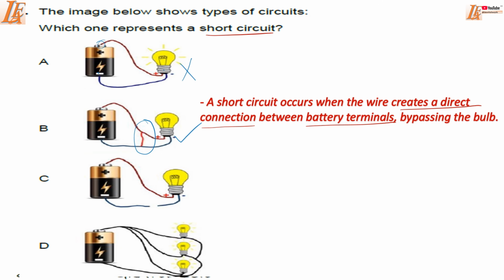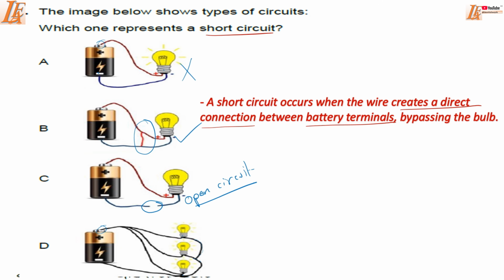Then C, we have a wire from the positive to the bulb, negative to the bulb, but in between here, there's a disconnection. So this one, we call it an open circuit. This is an open circuit, therefore it's not a short circuit. And then D, we have three wires from the positive terminal to three different bulbs. Then from the negative terminal, we have one wire, and then there's a connection to the bulb.